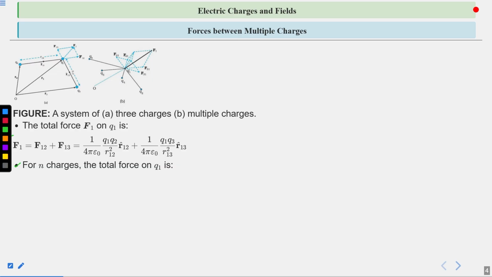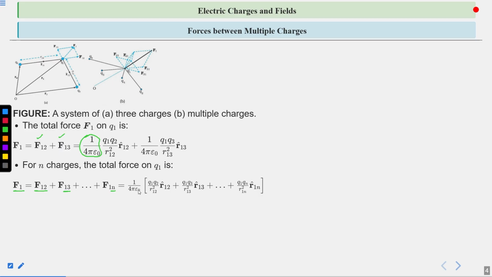I hope this is clear. Now if we consider n charges, the total force on Q1 is the net force on charge Q1 due to n charges: F12, force on charge first due to second, plus force on charge first due to third, plus force on charge first due to nth charge. Clear? Now take 1 upon 4 pi epsilon naught common, because this is common in every force.